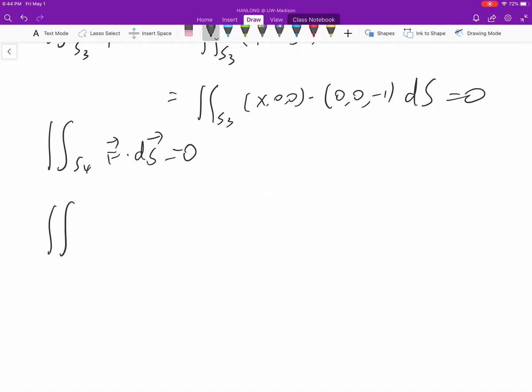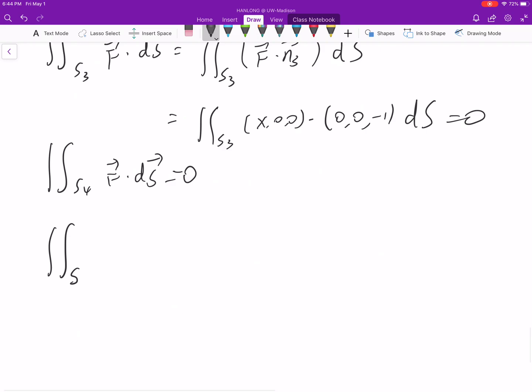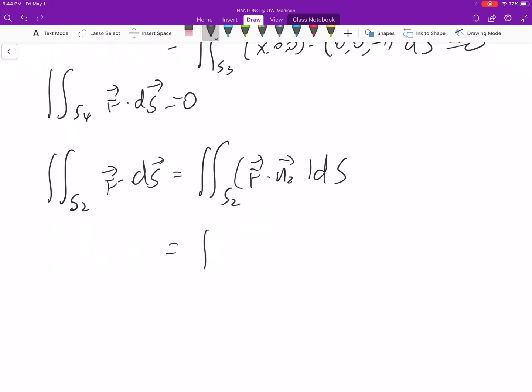Okay, and then for S2, we have the following. The integral over S2 of F dot N2 dS, and recall N2 is -1, 0, 0.